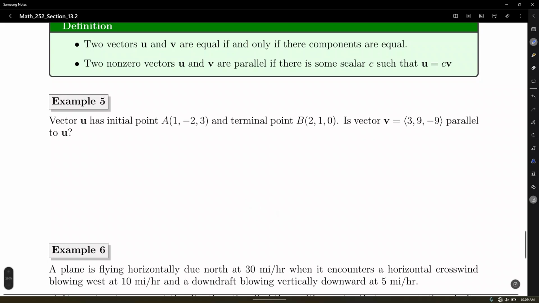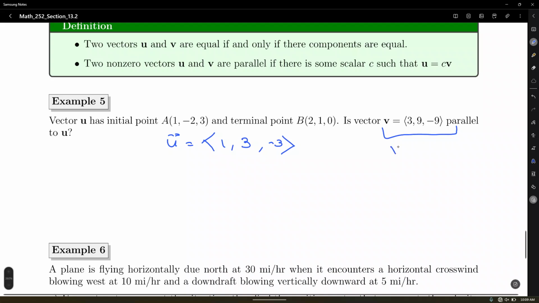Vector U has an initial point and a terminal point, and that's going to create the vector 2 minus 1, which is 1, 1 minus negative 2, careful, that's a 3, and 0 minus 3, that's negative 3. The question is: is V = (3, 9, -9) parallel to U? Does that vector look like a multiple of this vector?